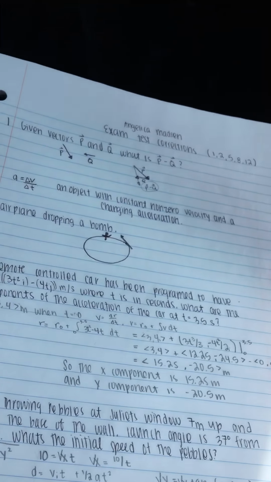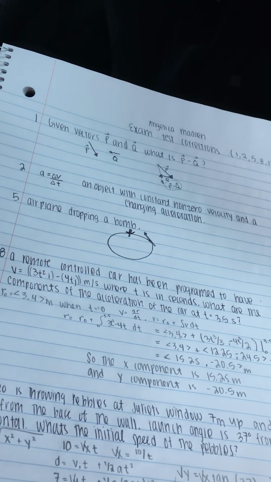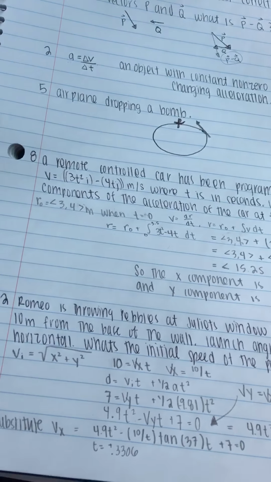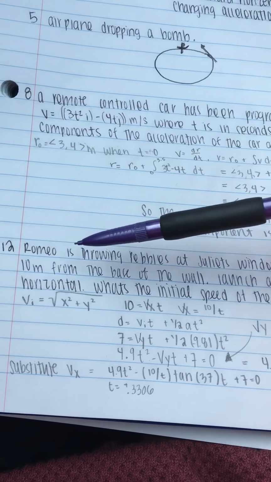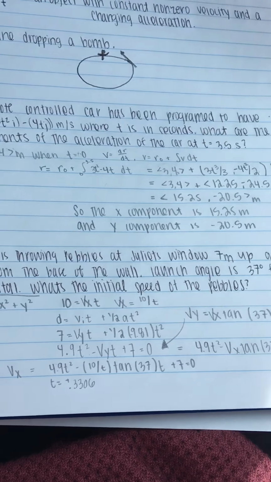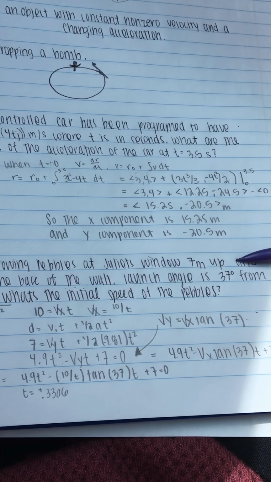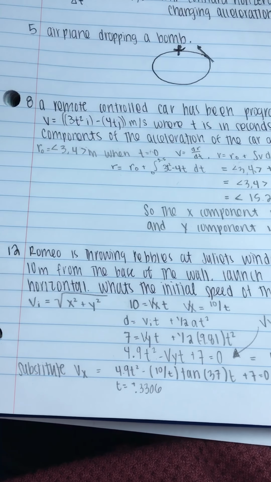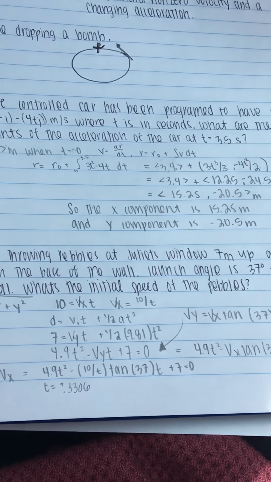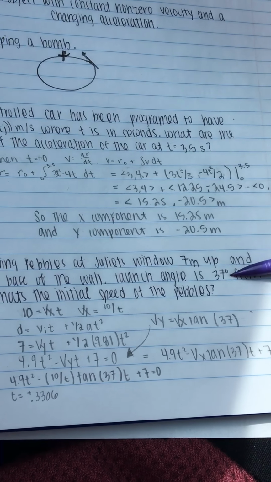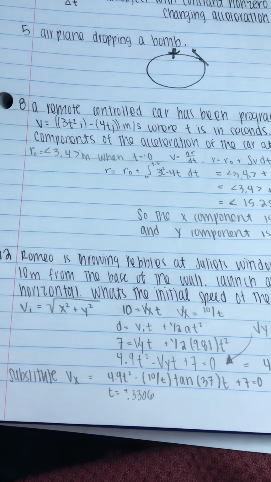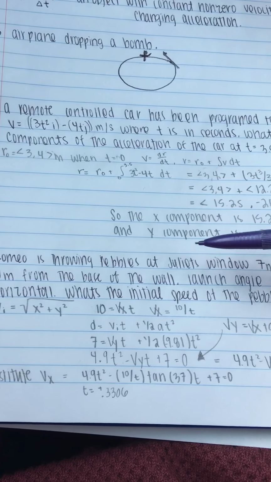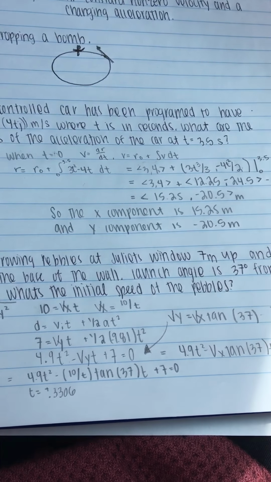Then for question 12, I didn't really get to finish it, because I'm out of time. It says Romeo is throwing pebbles at Juliet's window 7 meters up and 10 meters from the base of the wall. The launch angle is 37 degrees from the horizontal. What is the initial speed of the pebbles?